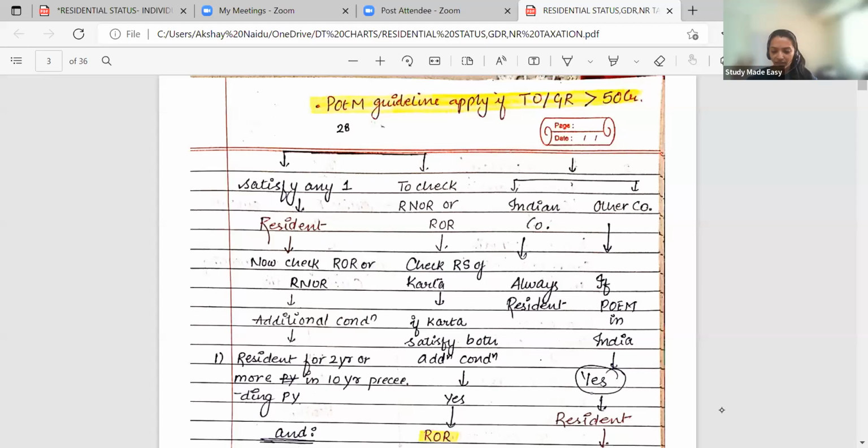So now we are starting with yet another new topic. Yet another very important topic, that is POEM, and it is all about the residential status of a company. See, why I have asked this: yesterday you did that task.